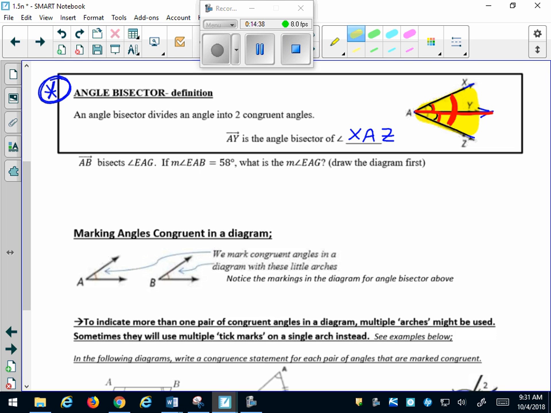Don't think of the angle as the two rays that are drawn, AX and AZ. The angle is that shaded yellow, and you're splitting it in half. So it's the space that you're splitting in half. It's the pizza slice. It's not cutting AX in half or anything like that, right? It's the whole slice.